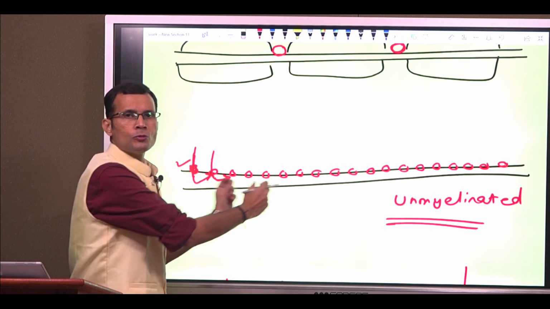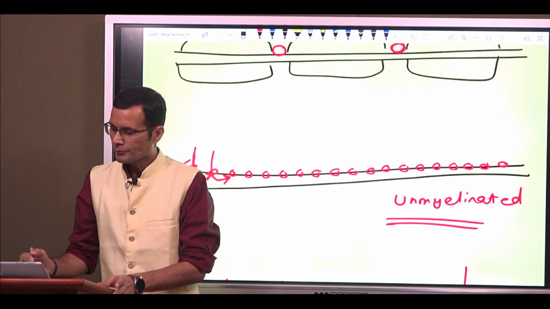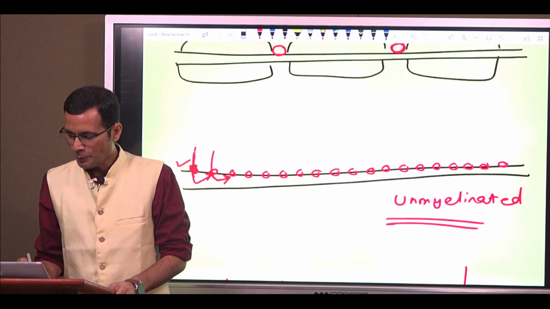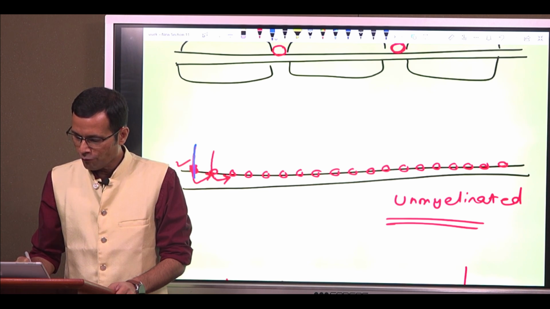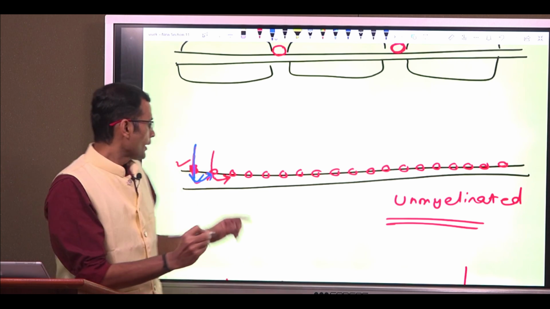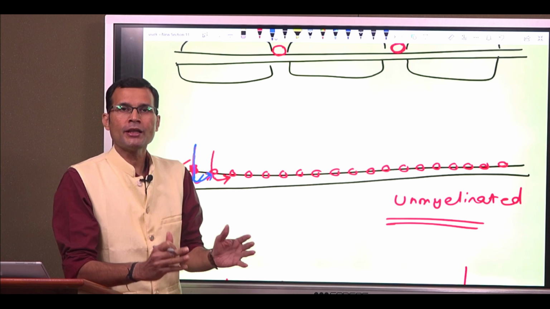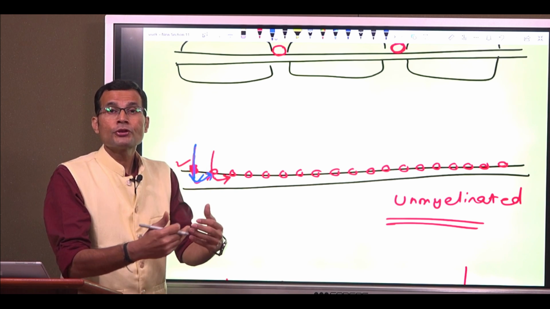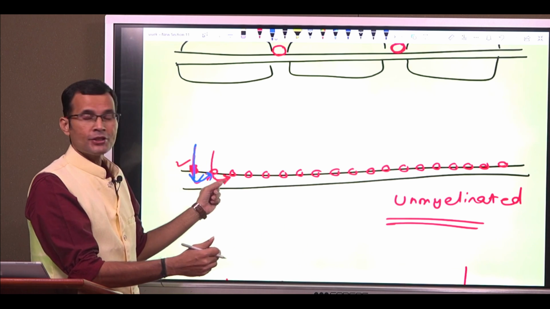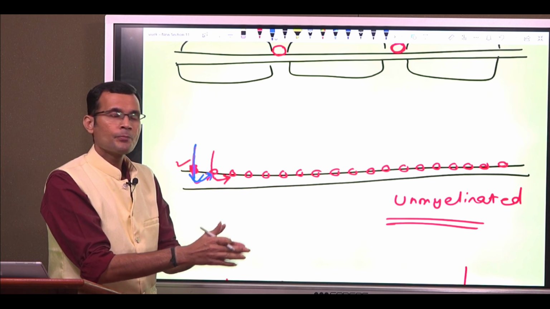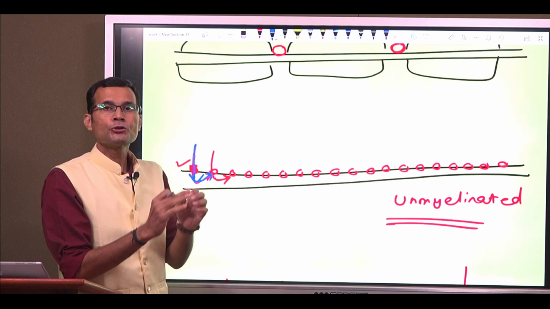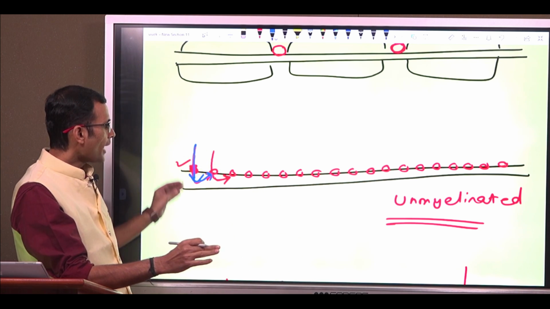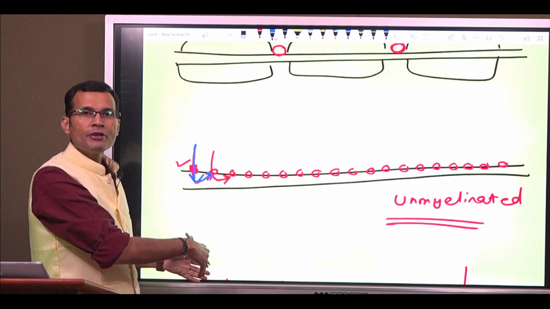And therefore, you can see in the case of unmyelinated nerve fiber, the sodium channels are located at very close by distances, because what is the condition? The condition is whatever positive charges enter from one point should reach an adequate amount, adequate to that next location where the sodium channels are located. That next point should automatically reach threshold by the positive charges that have entered from the previous point.